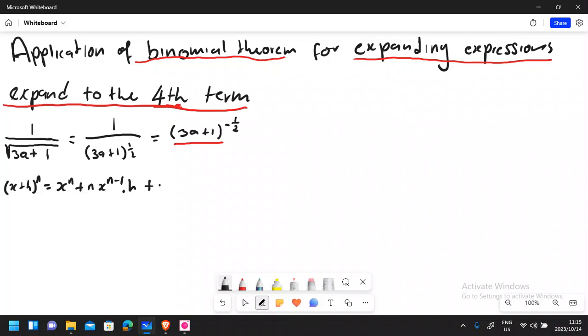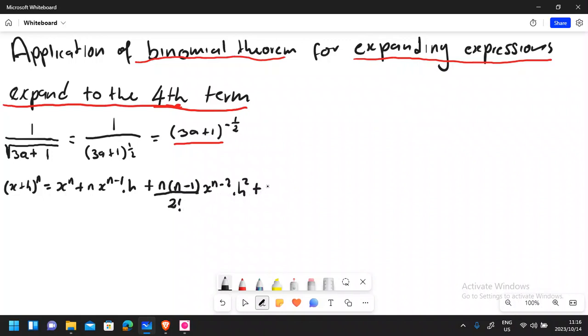So the third term is going to be n, and then n minus 1, then we divide by factorial 2. Then we're going to have x to the power of n minus 2, and then h to the power of 2, plus, now we are heading to the fourth term.